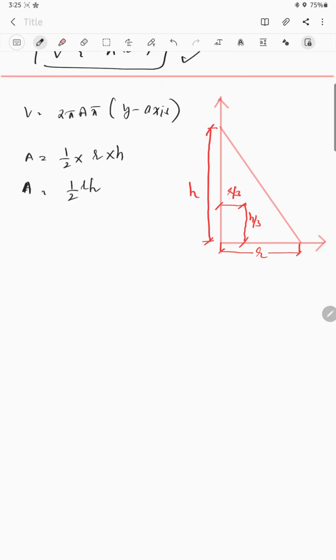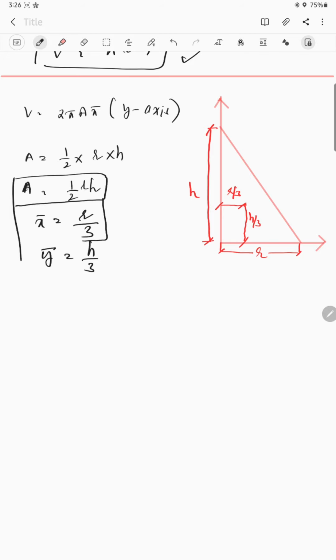What is the centroid now? X bar is equal to r by 3 and y bar is equal to h by 3. We know these values now. We got the values of A, x bar and y bar.